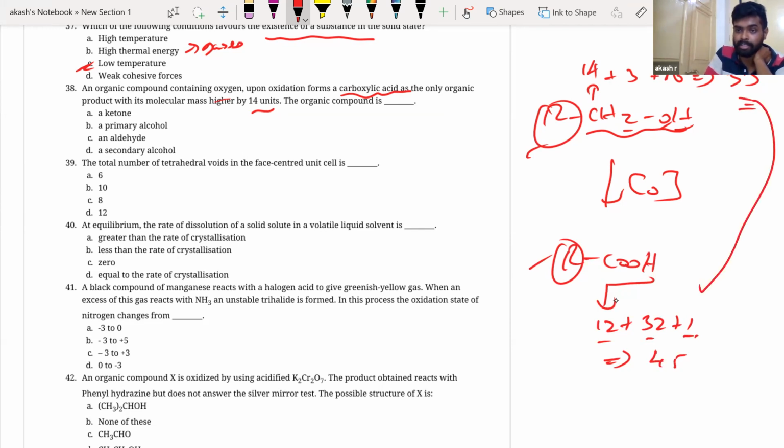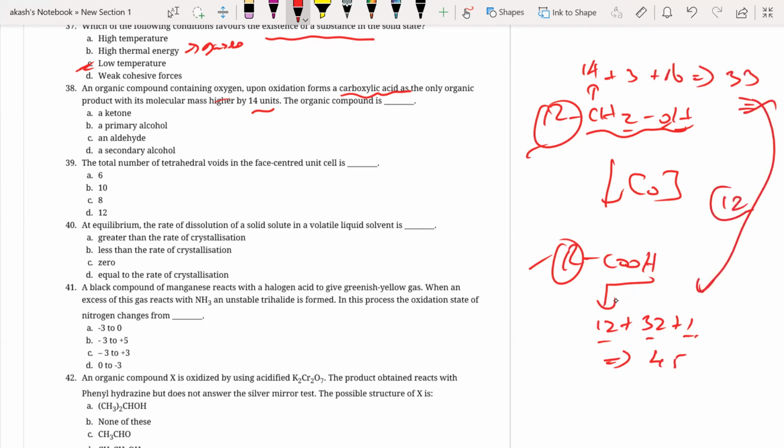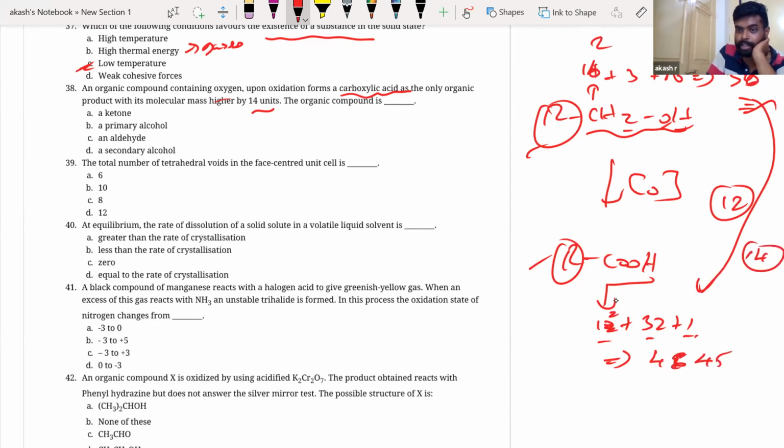Now, how much is the increase? The difference is 14, right?